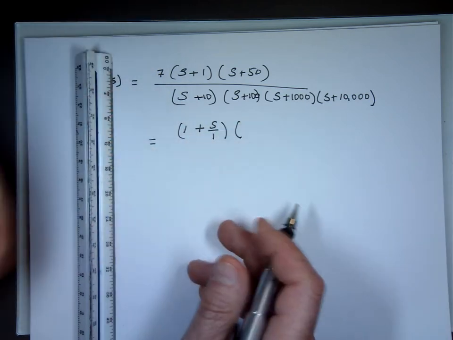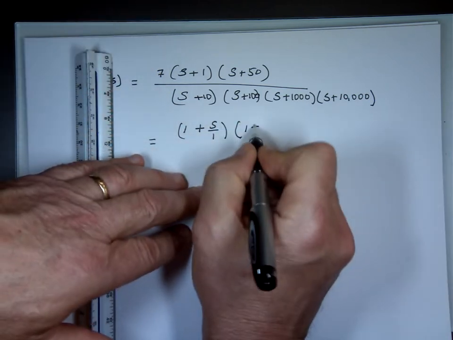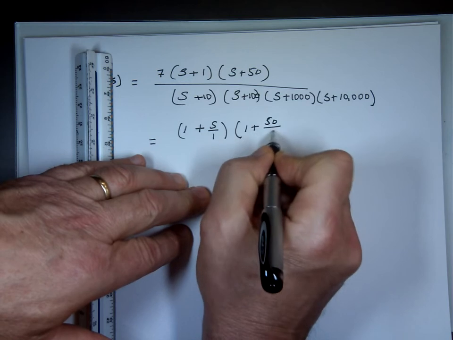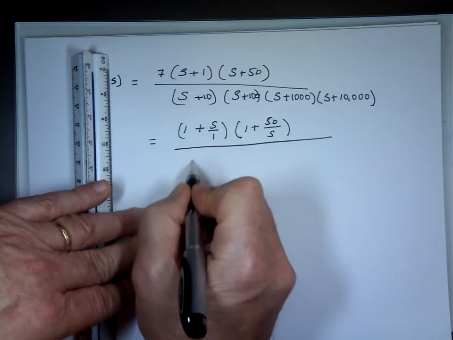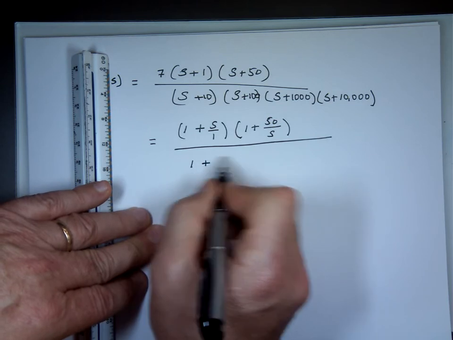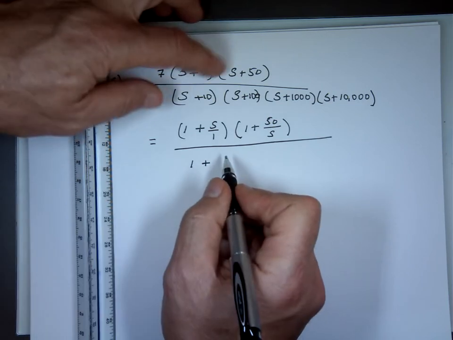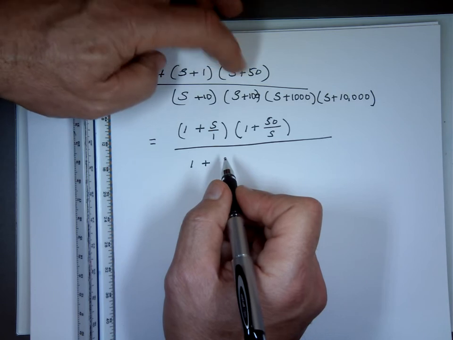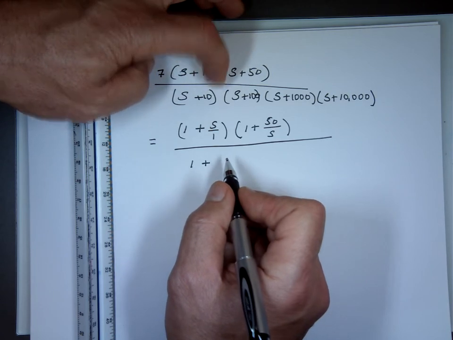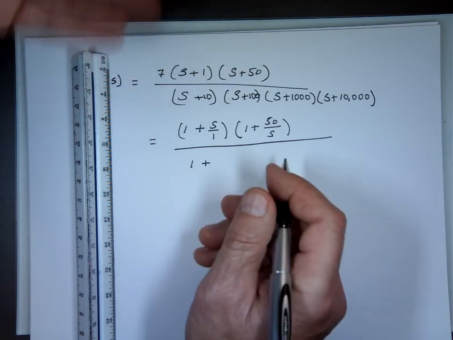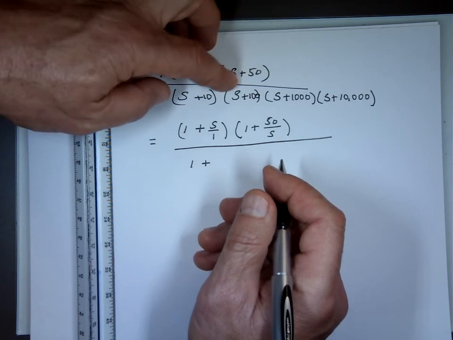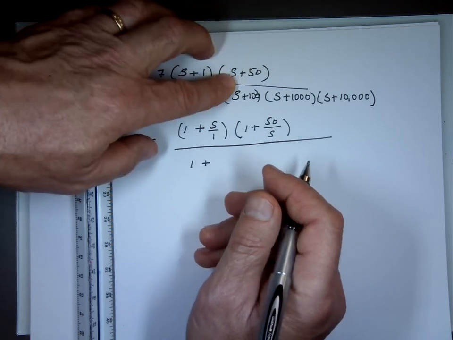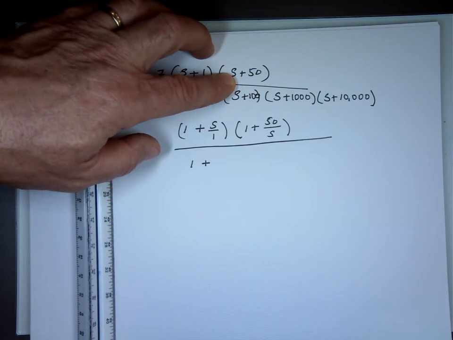And this will be 1 plus 50 over S. Well, if you're dividing by 1, it really doesn't change anything. But this one, you're going to divide by 50, what's going to happen? You change the value of the fraction. You agree with that?